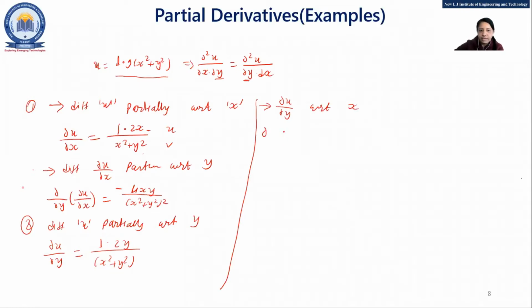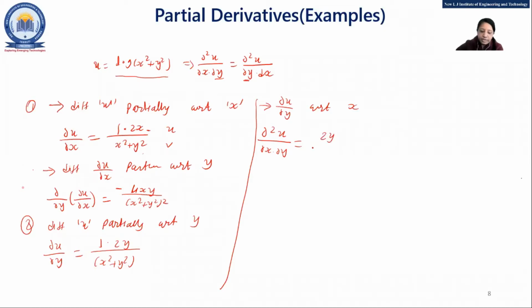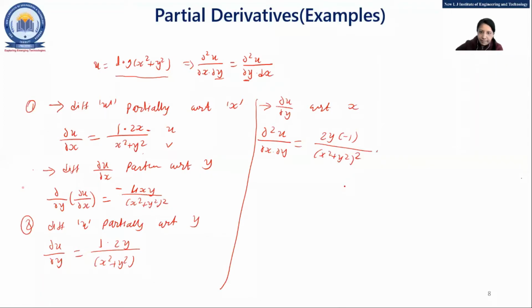So we'll have del square u upon del x into del y. 2y is constant, so write 2y into, in bracket, minus 1 upon x square plus y square, whole square, into 2x.